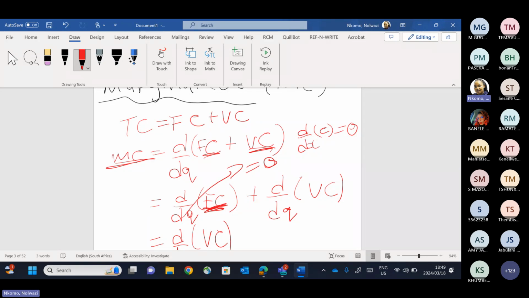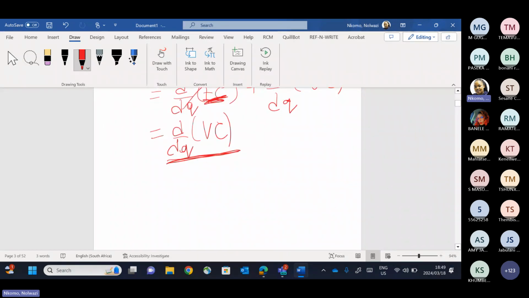Suppose we are given a total cost C equal to 1,000 plus 35Q, and you are asked to find the marginal cost.